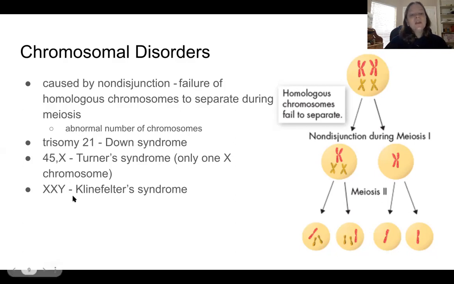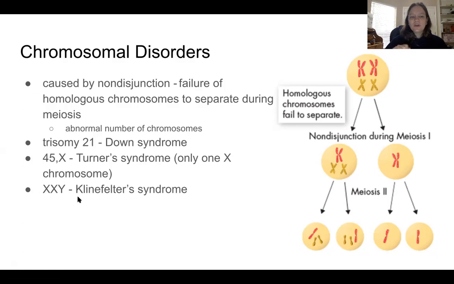The other one that your book talks about is XXY. So you get 2 copies of the X and a copy of the Y. These people are male, but they exhibit a lot more female characteristics. And I think they are also sterile.